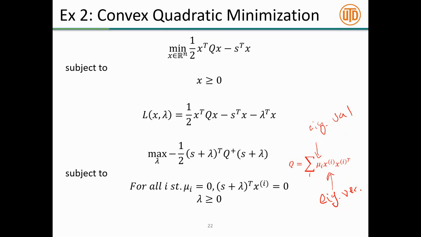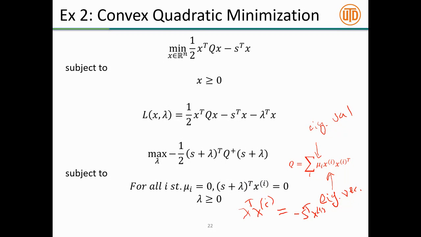These are linear constraints, though. Xi is technically just a constant here. It's an eigenvector of Q, but I would construct it. I would compute the factors of Q in terms of its eigenvectors and eigenvalues, and then add the appropriate constraints to this problem. These are just affine constraints on lambda. Another way to write this is that lambda transpose xi has to be equal to negative s transpose xi.